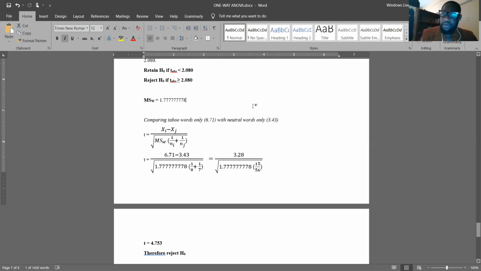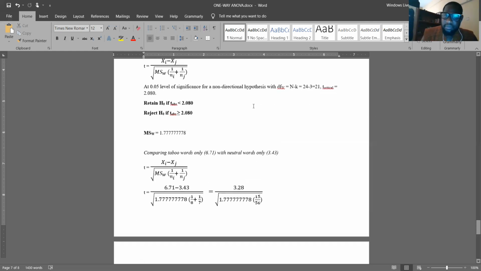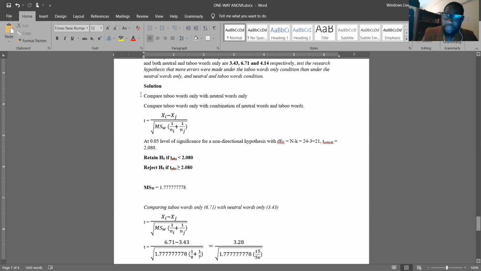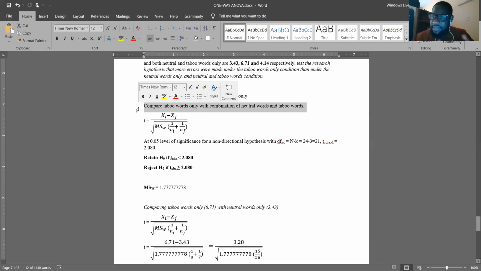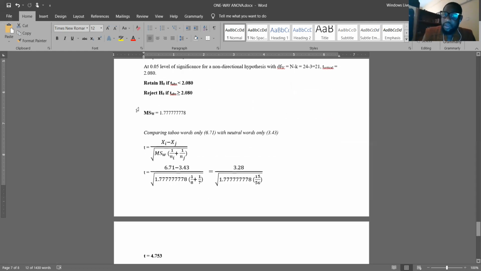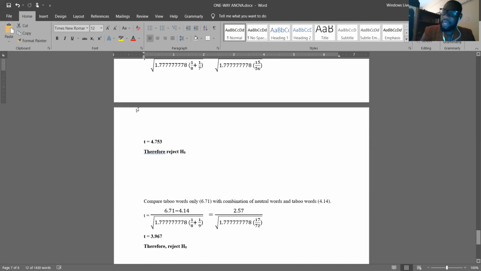Okay. Then the next comparison, right now we've done the first comparison. The next comparison that we have to do is to find out whether there's a difference between taboo words only and participants in both nature of words. It means you're supposed to do another calculation for protected t-test.